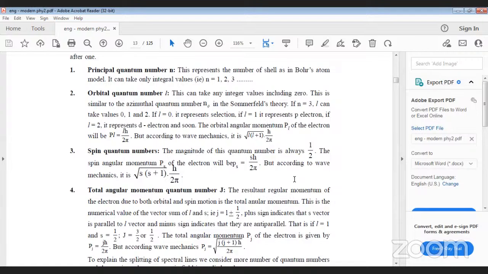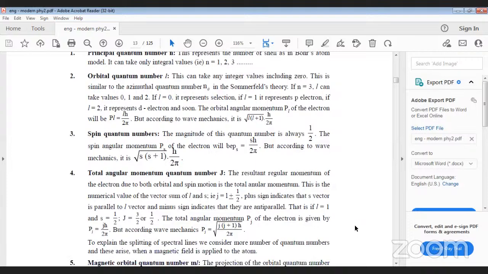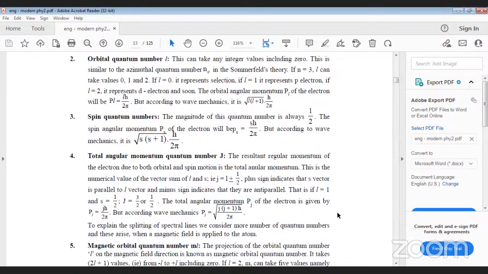So J values must be the sum of the orbital as well as the spin quantum numbers, so J values must be L plus or minus S. Plus indicates that the vector is parallel to the L vector, and minus indicates anti-parallel. If L equals 1, meaning p orbital, the J values must be 3 by 2 or 1 by 2.